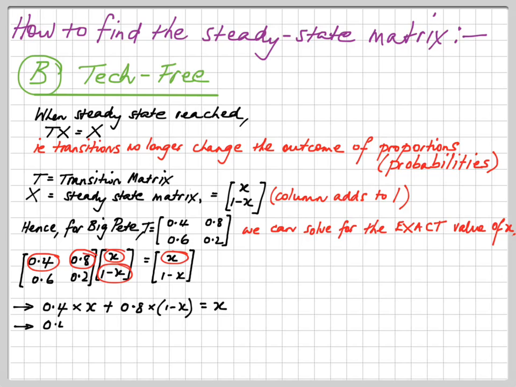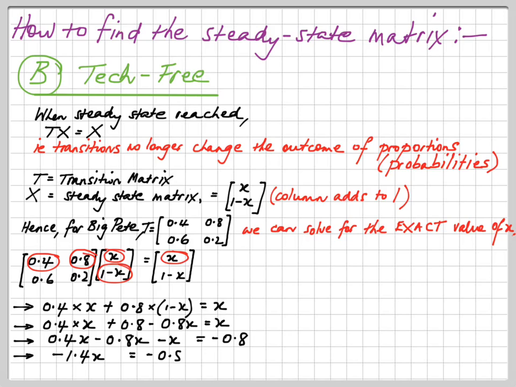Now we just got to solve it for x, and I'm just doing a little bit of expanding there and simplifying a bit, and you eventually get to that line there, after you get all the x's together on one side and the numbers on the other side, and then you get to there, and then you get to there, and that's 8 over 14, of course, which is 4 over 7.